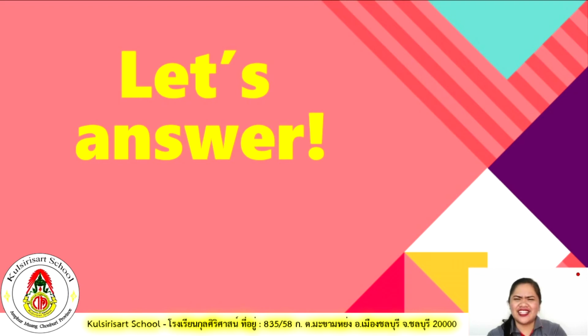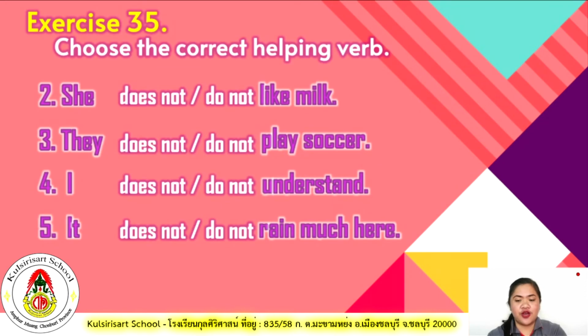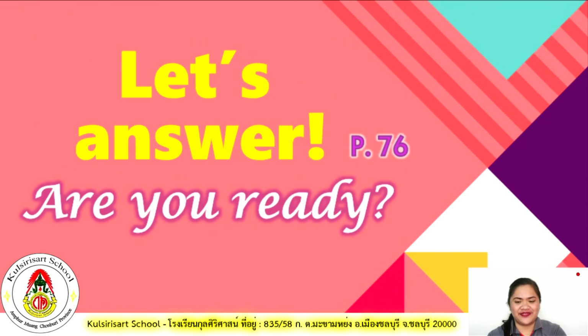Now, let's try your understanding by answering some sentences. But it's in your book. Open it on page 76. Open your book on page 76. Let's answer the exercise number 35. Are you ready?